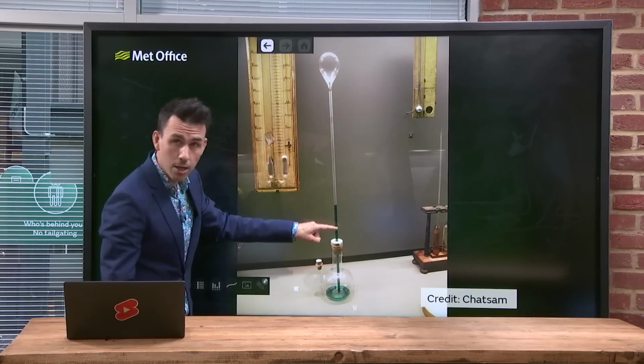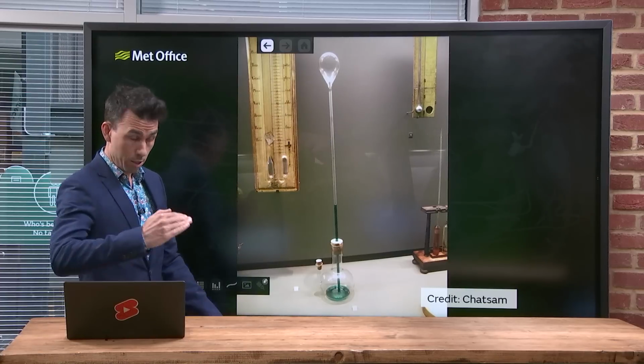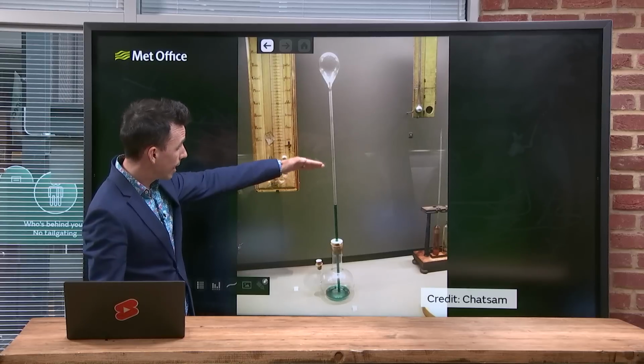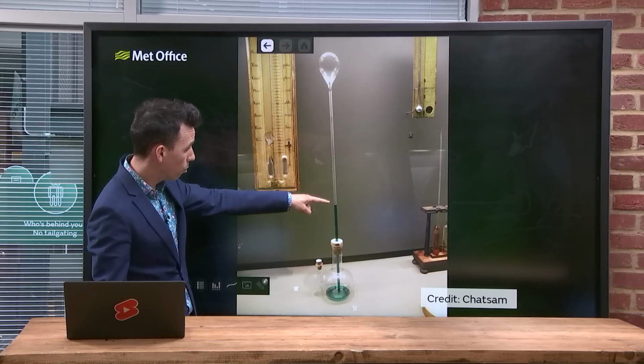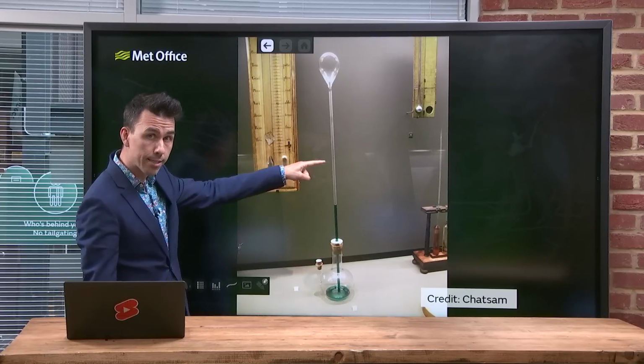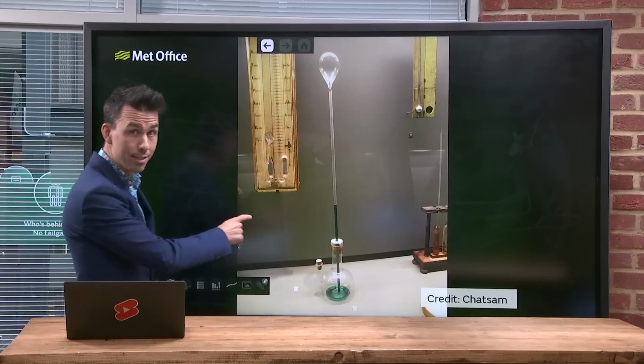So unlike today's thermometers, where you see the mercury or the alcohol or the ethanol rising in the tube, you saw the water level drop as it got warmer and then rise again as it got cooler.